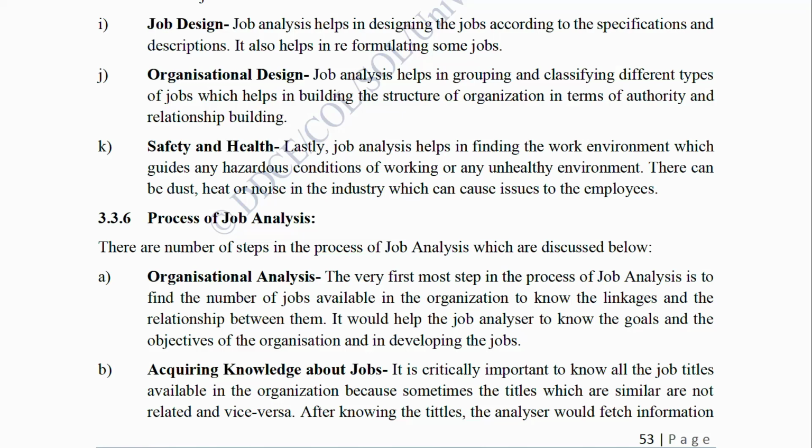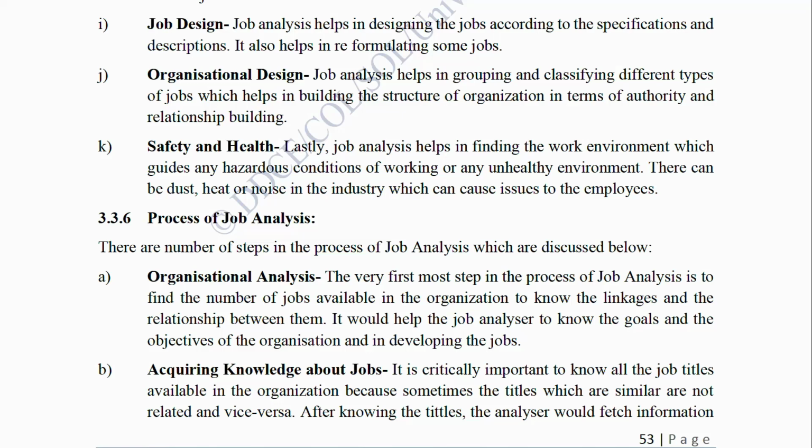3.3.6 Process of job analysis. There are a number of steps in the process of job analysis which are discussed below. Number 1. Organizational analysis. The very first step in the process of job analysis is to find the number of jobs available in the organization, to know the linkages and the relationship between them. It would help the job analyzer to know the goals and the objectives of the organization in developing the jobs.